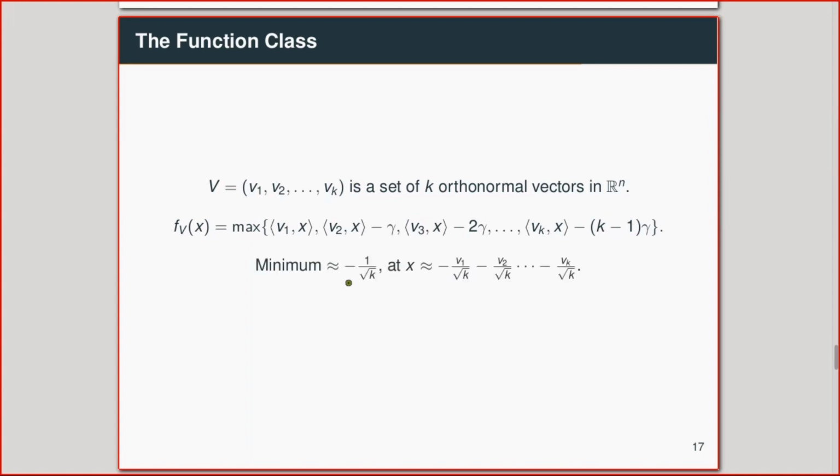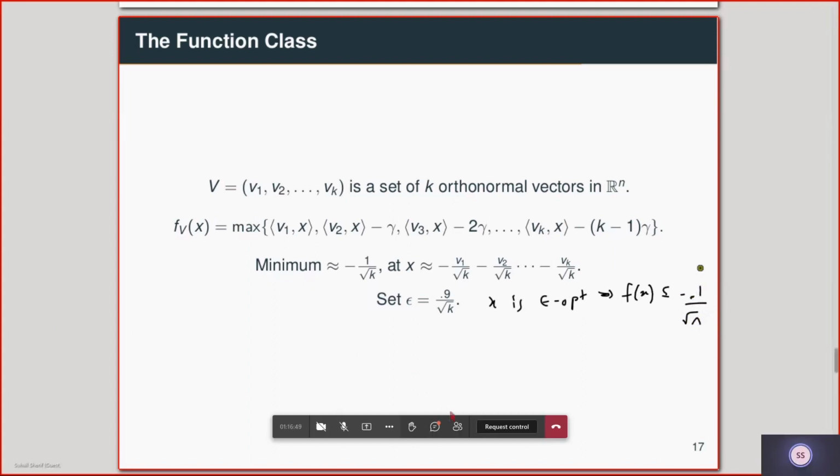So its minimum is still going to be minus 1 by root k, and it'll take that value at an easy to compute point. Again, we set epsilon to be 9 by square root k. Again, this means that if x is epsilon optimal, then f of x should be minus 0.1 by square root n.